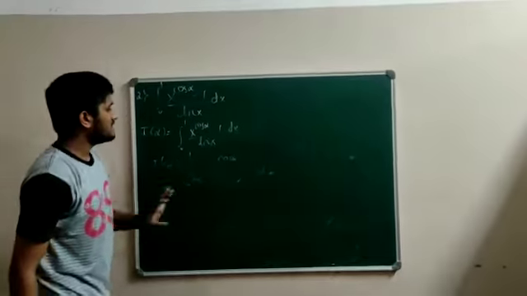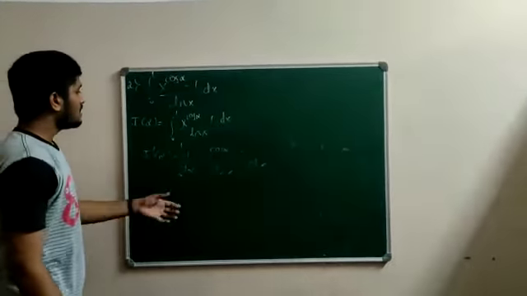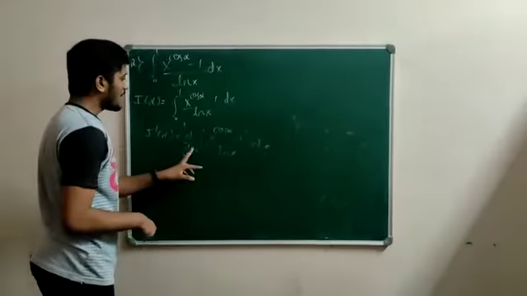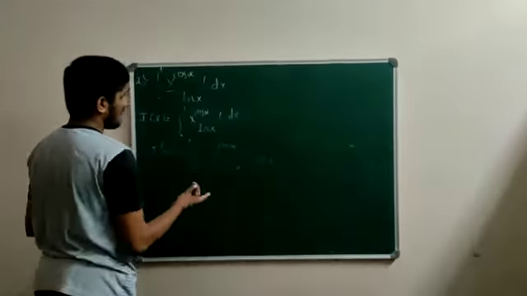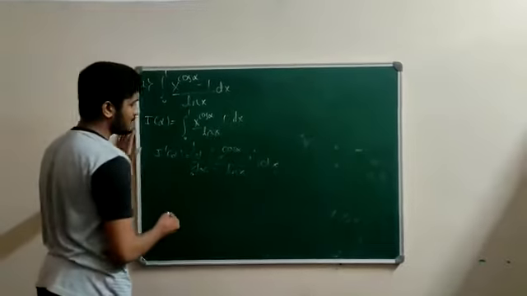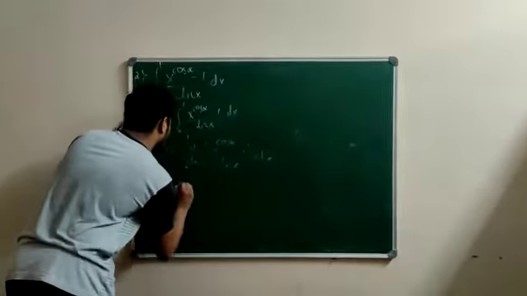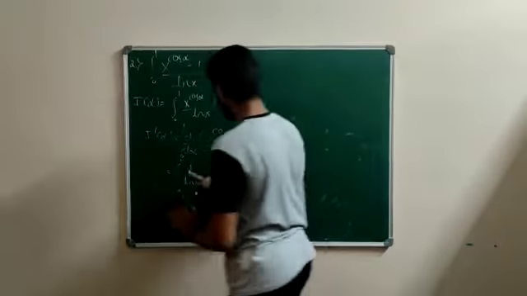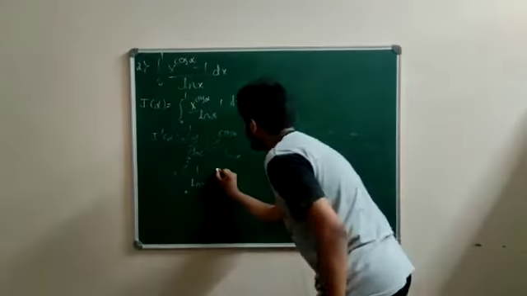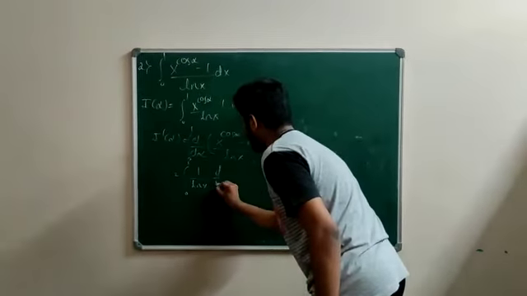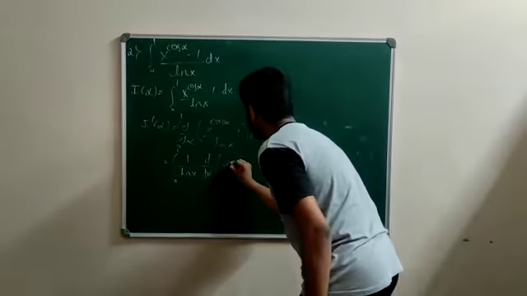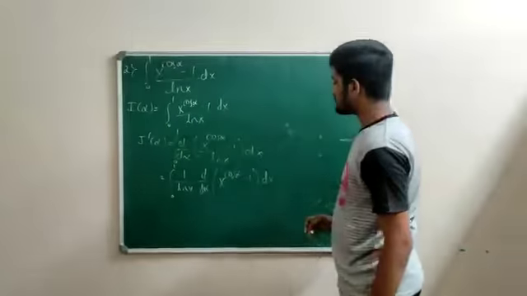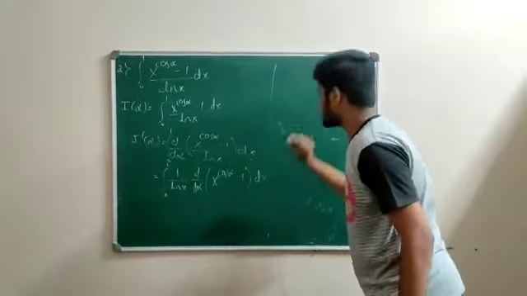Since alpha and x are independent variables here, I should take 1 by ln x outside and differentiate the function containing the variable alpha. So it is the integral of 0 to 1 of 1 by ln x into d by d alpha of x to the power cos alpha minus 1 dx. This is one of the steps.